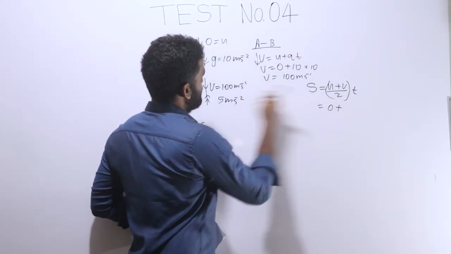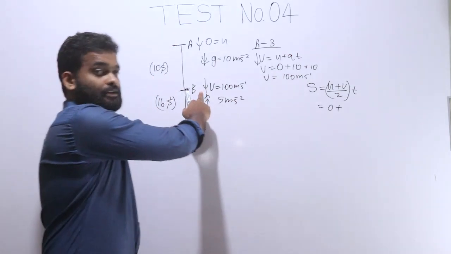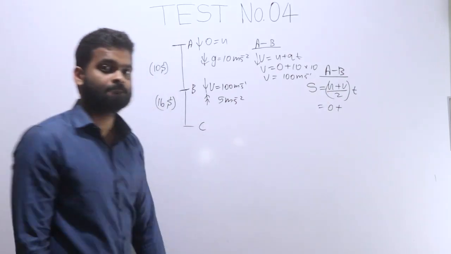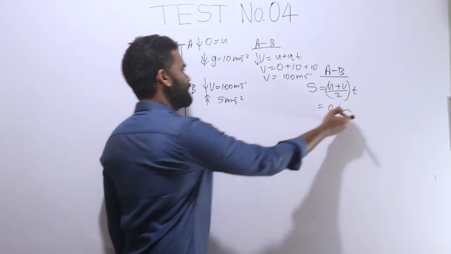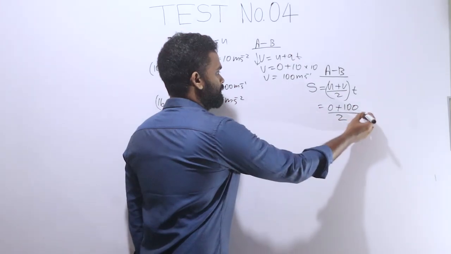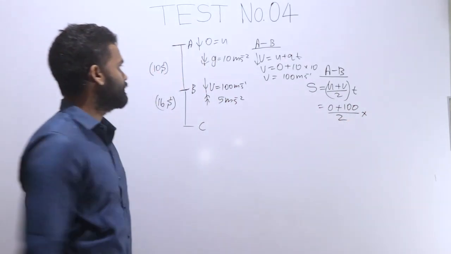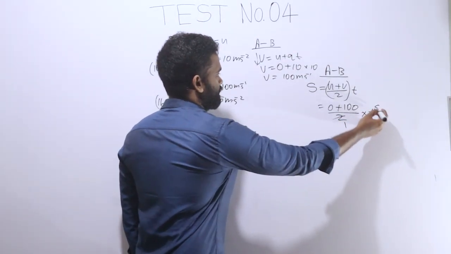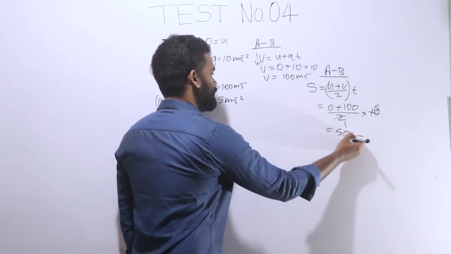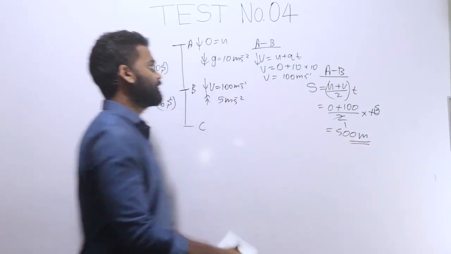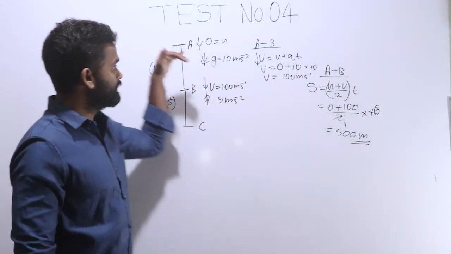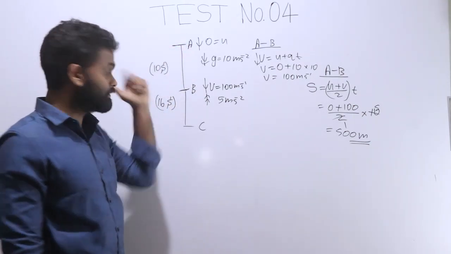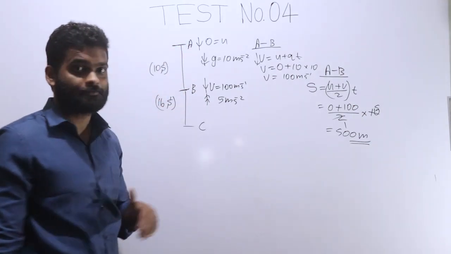Still we are applying equations between A and B. u is 0, v is 100, divided by 2, time taken is 10. So 5 times 100 is 500 meters. So that is the distance between A and B. Still we have to find the distance between B and C.